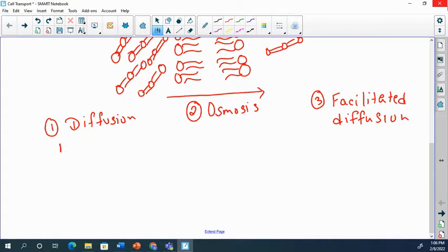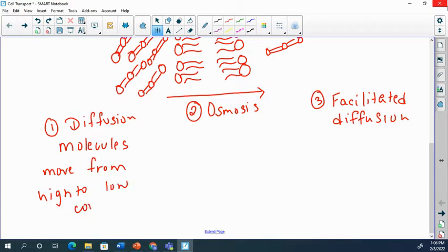So in diffusion, molecules move from an area of high concentration to an area of low concentration. So the key term that you need to remember is that molecules move.